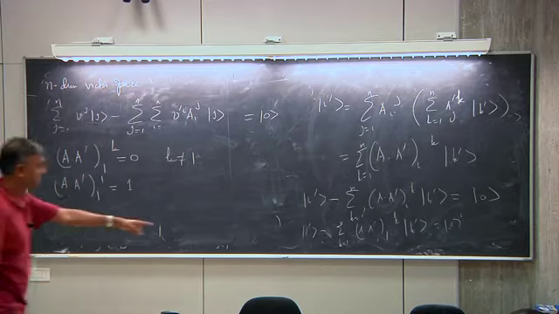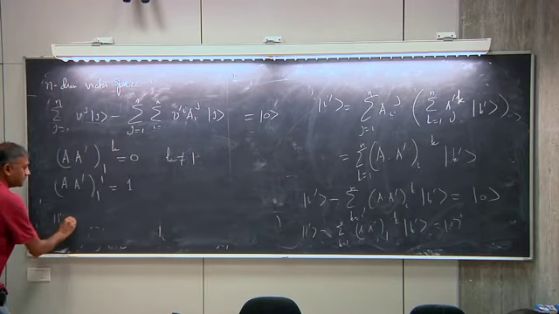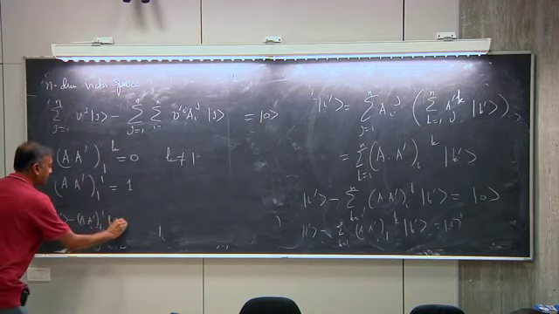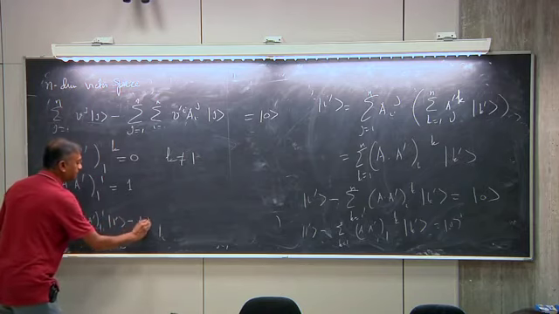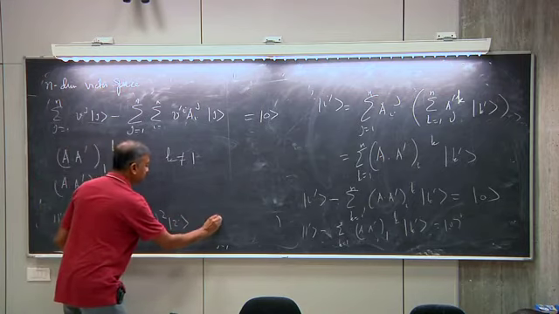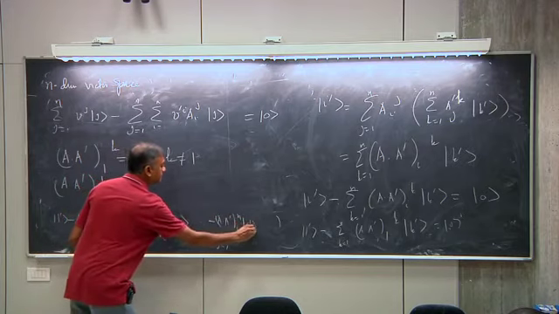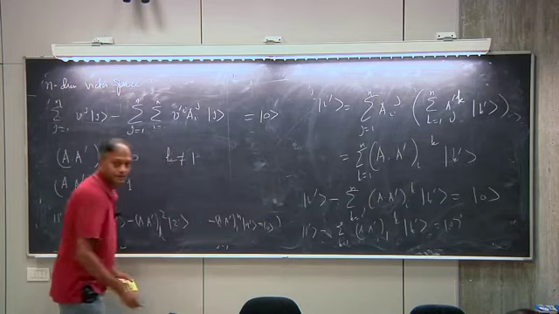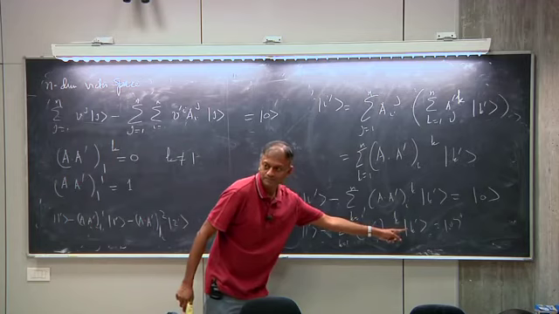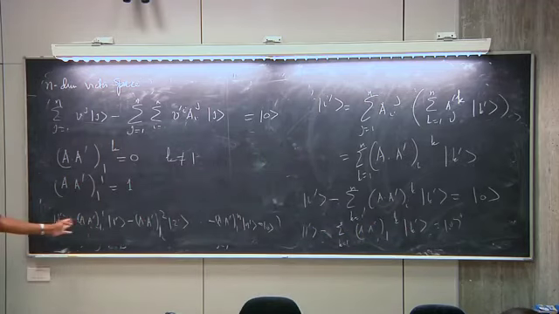Just write this equation. This equation is 1 prime minus A times A prime 1, 1, 1 prime, minus A times A prime 1, 2, 2 prime, and so on, minus A times A prime 1, n, n prime. That's equal to the null vector. I just open this up and explicitly write the sum over k, k equal to 1, 2, 3, etc. Now these are linearly independent.